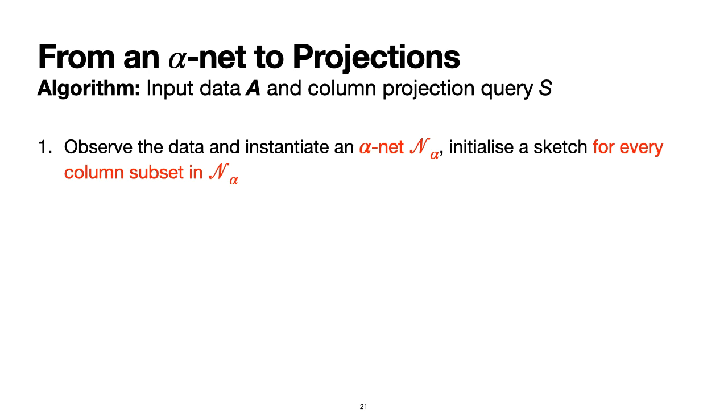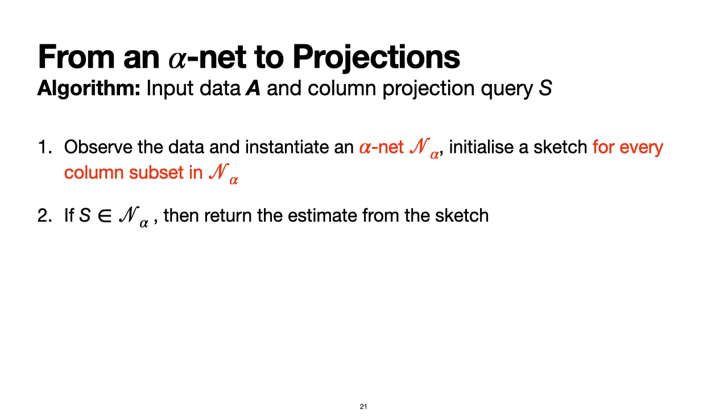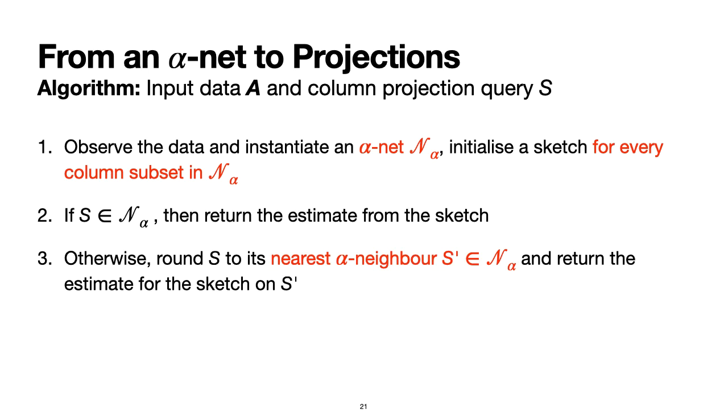When the set S is revealed, if it's in the net, then we return the estimate from the net. If it's not in the net, then we will round S to an alpha neighbour in the net and return the estimate for the alpha neighbour.